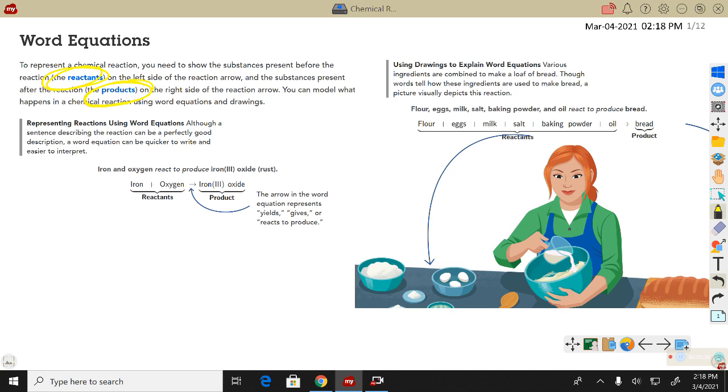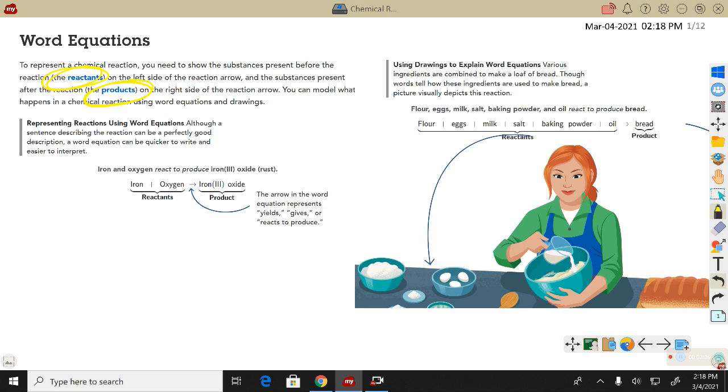So we know iron is a metal and it reacts with oxygen in the air and eventually forms that rusty colored, brownish red colored solid, which is iron 3 oxide. It has totally different properties from the initial iron metal and oxygen gas, totally new properties. That's the key to a chemical change or a chemical reaction.